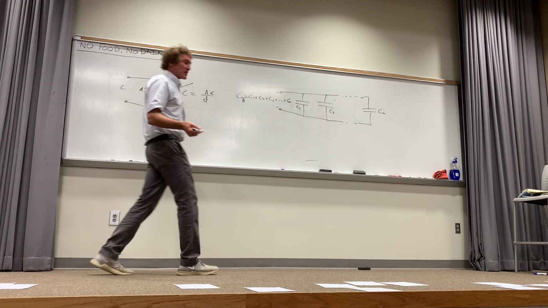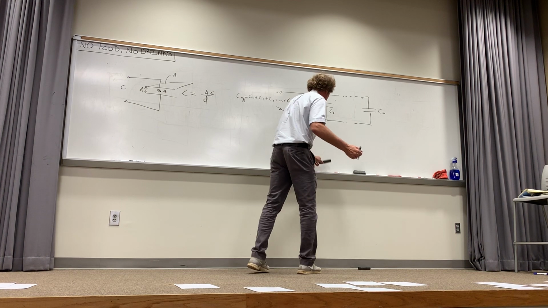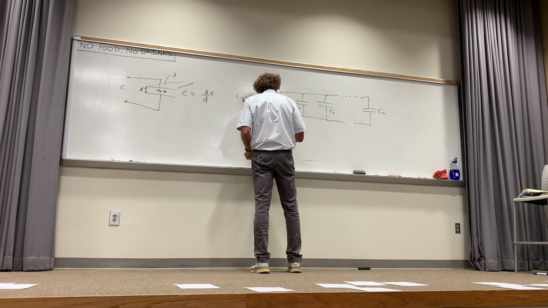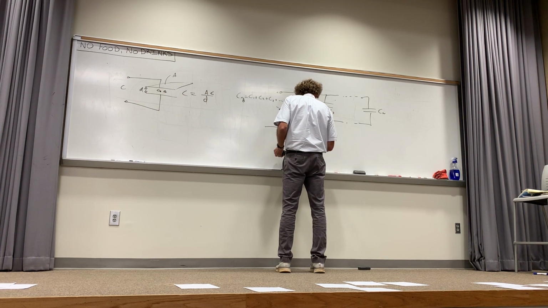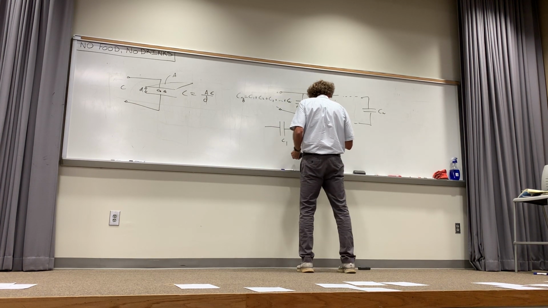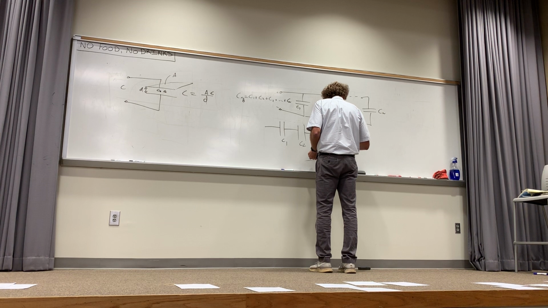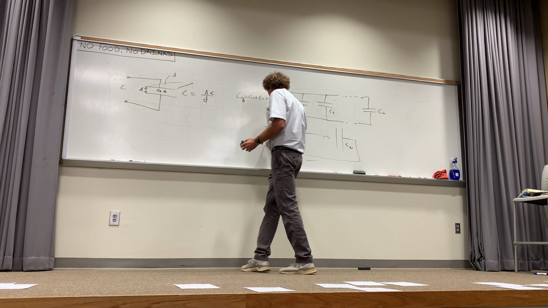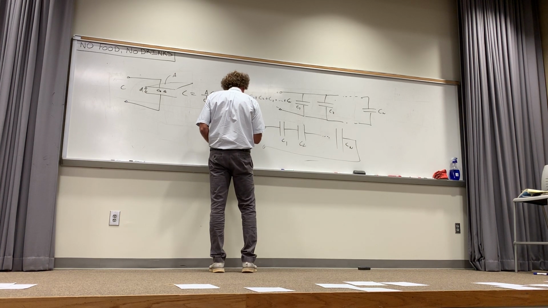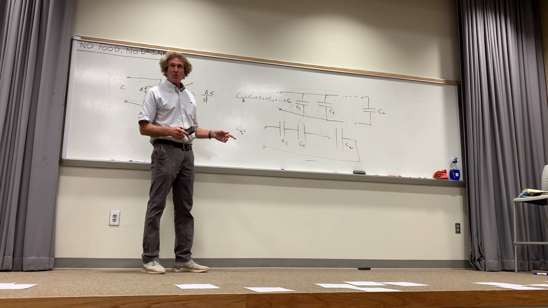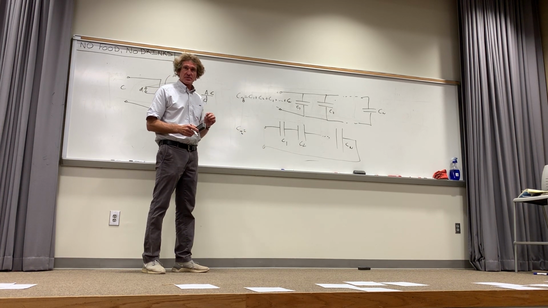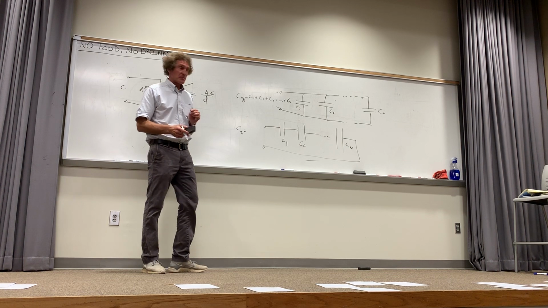Now, if they're capacitors in series, as you might gather, when I take a look at this, the equivalent capacitance there is going to be smaller than the smallest of these capacitors. Here, they look like resistors in parallel, or inductors in parallel.